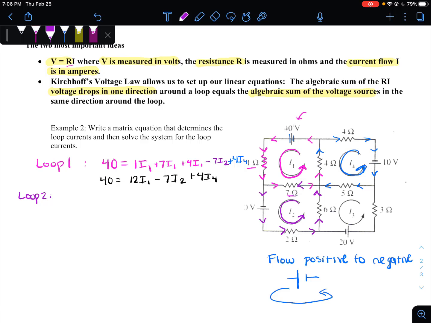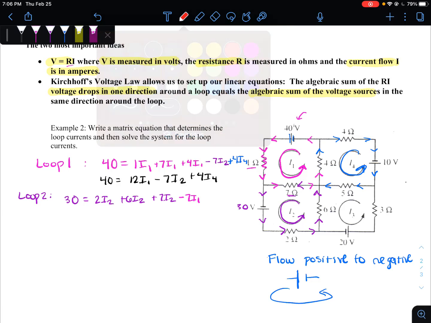My source in loop 2 got cut off here, but it's supposed to be 30. So I've got 30 as my source, and that's going to be equal to, let's go all the way around to I2: 2 I2 plus 6 I2 plus 7 I2. And then let's worry about the other ones. It's interacting with I1 in the opposite direction, minus 7 I1.